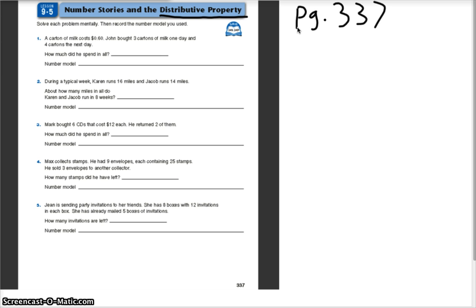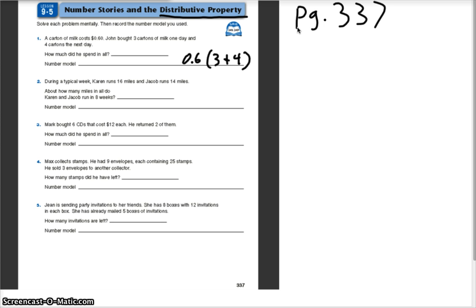How can we make that equation using the distributive property? Well, I know that 60 cents is going to be what's being multiplied, because I know I need to multiply that. So I'm going to put 0.6 on the outside, and I'm going to do 3 plus 4. And there would be our distributive property.